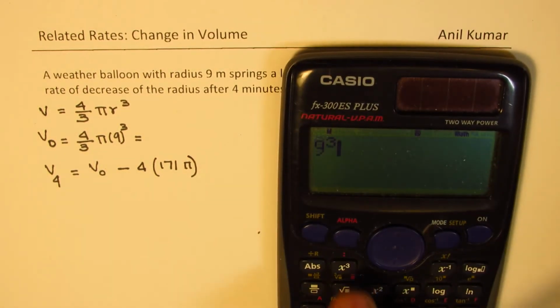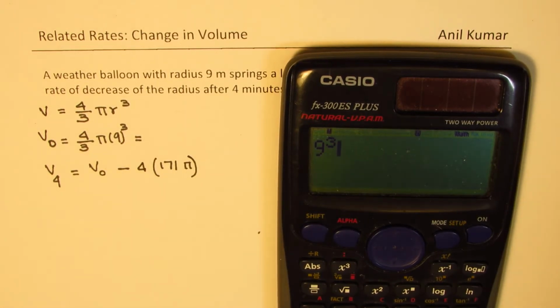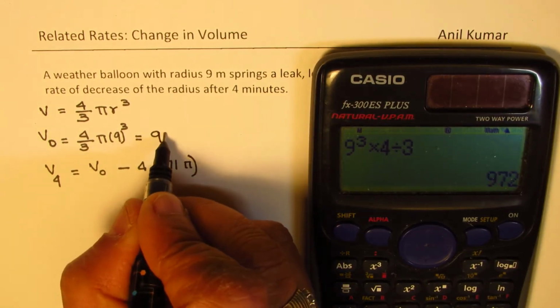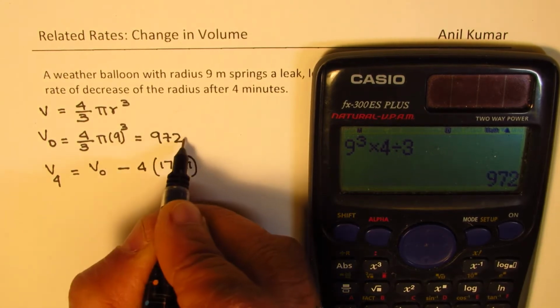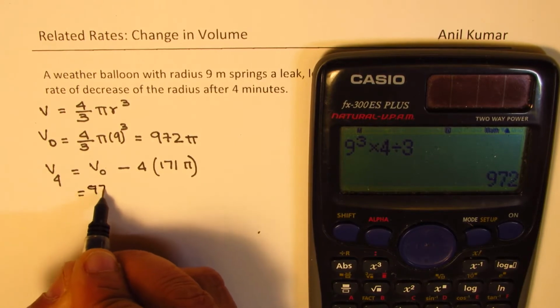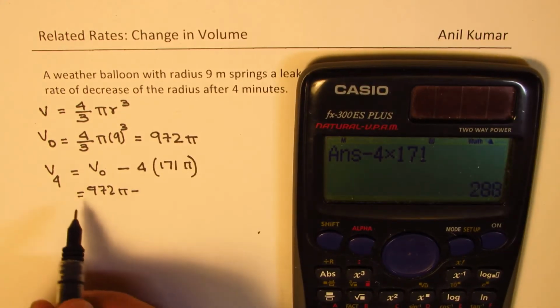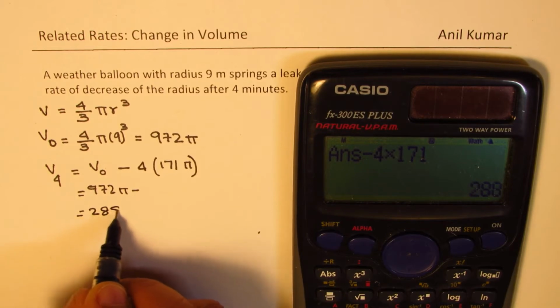So we have 9 cube. We'll write it in pi itself since we have pi here, times 4 divided by 3, and that gives us 972. So this was 972 pi for us. Now what we have here is 972 pi minus 4 times 171, and that gives you 288, which is 288 pi, right?